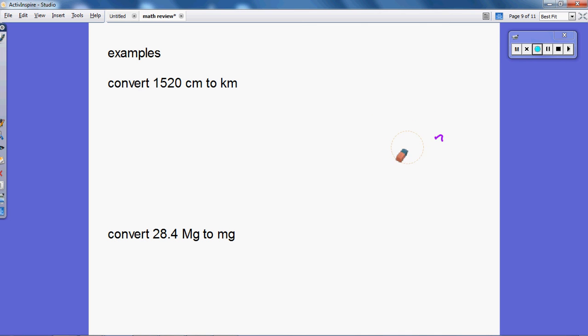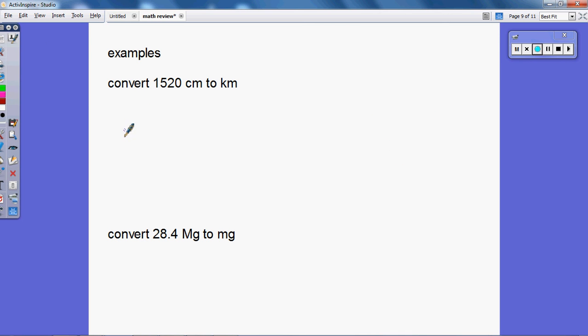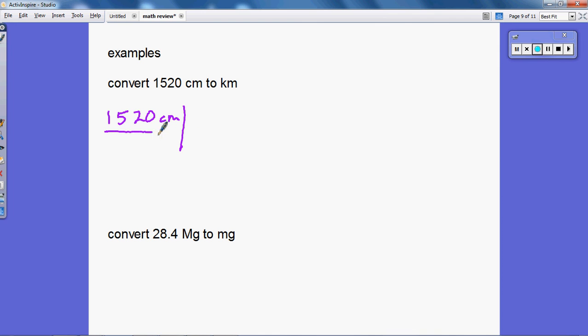Here's option B. Option B is using the powers of 10. We're going to set it up basically the same way, except no intermediate step. I'm going to get rid of centimeters. I'm going to gain kilometers. I'm going to look at my bottom unit, see centi.